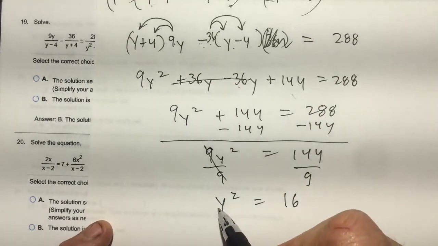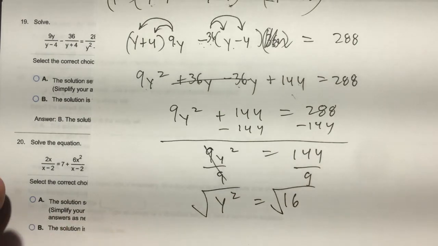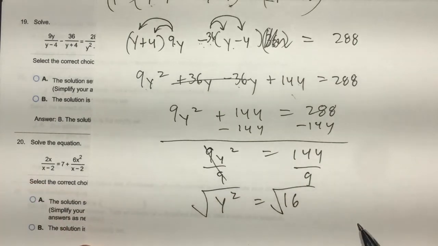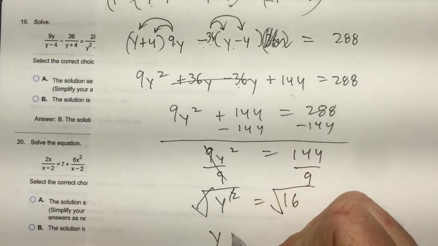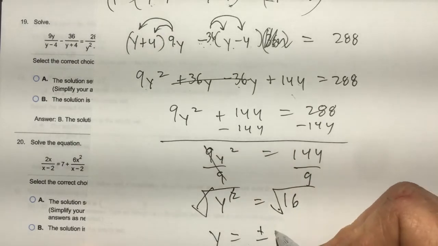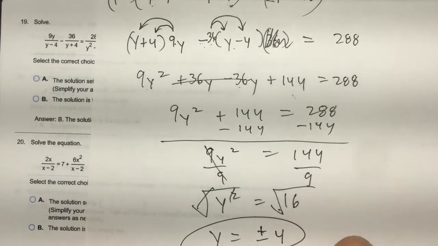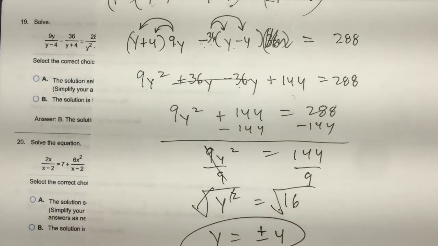Then you've got y squared equals 16. You can do the square root property now. If there's no b term, you can do the square root property. This cancels, y equals, but when I do the square root, it could be plus or minus. The square root of 16 is 4, so it could be plus or minus 4.